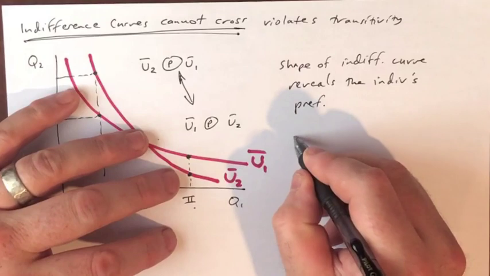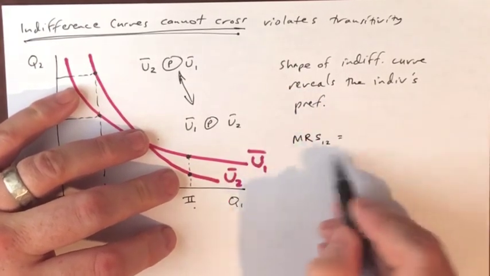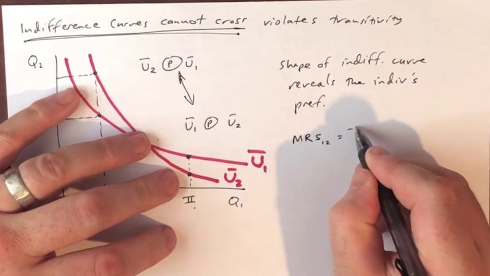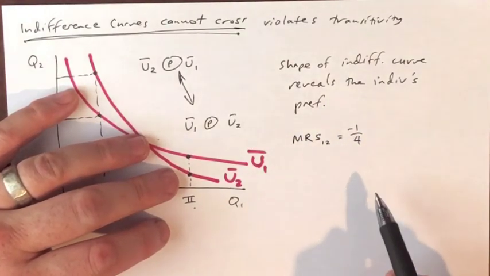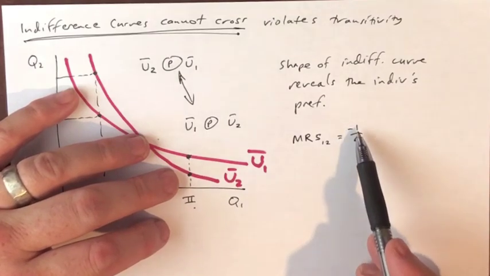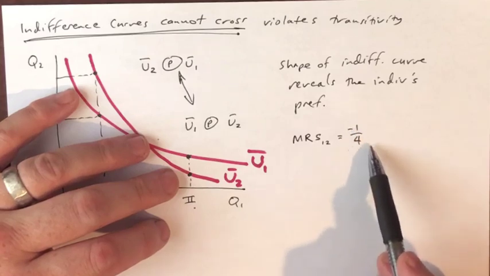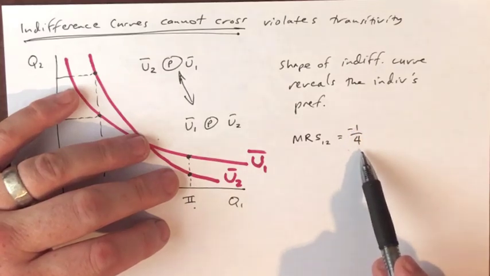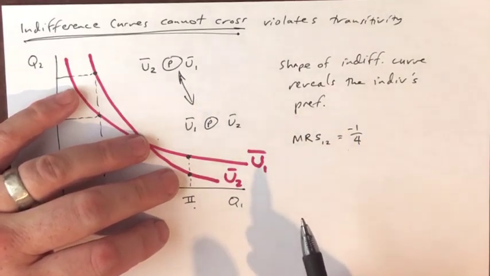Like we said before, for one individual, the marginal rate of substitution between these two goods was, let's say, negative 1/4, right? Meaning, for this individual to give up one of good 2, they would need to gain 4 of good 1. Okay, so that's a particular statement about their preferences, right?